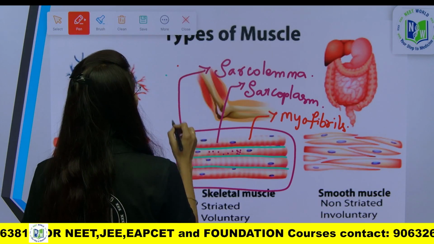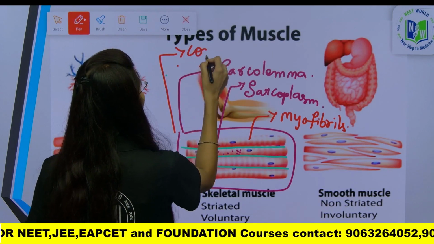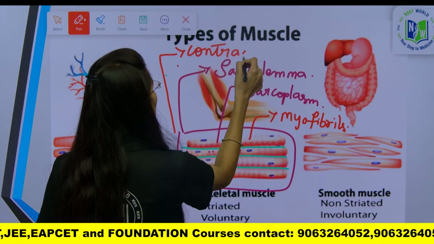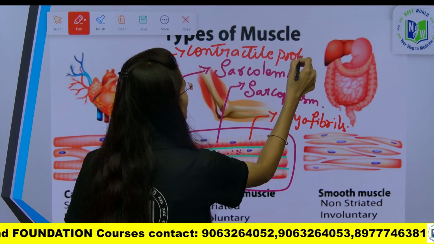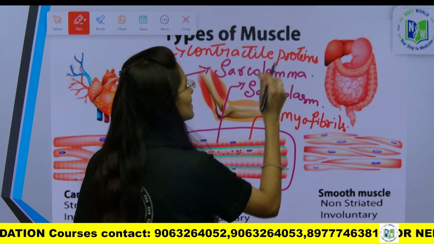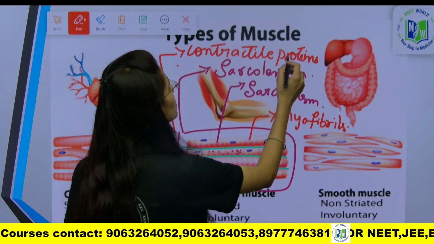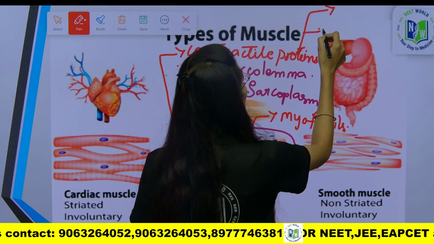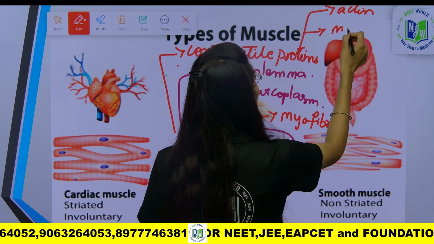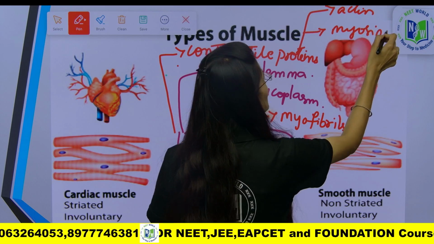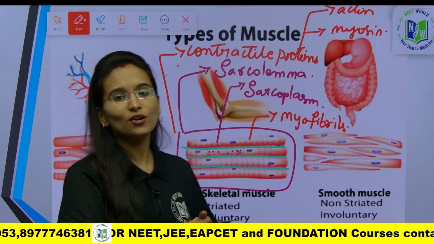I am writing it here. Contractile proteins. And these contractile proteins are of two types, students: actin and myosin.